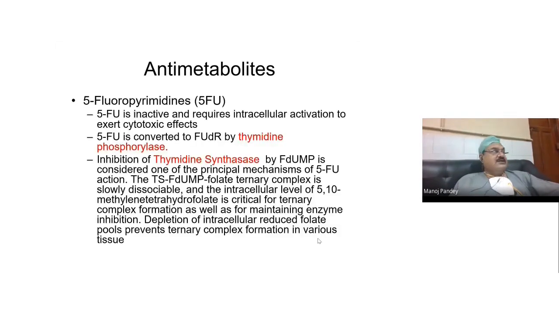Among the antimetabolites, there are some which work on other mechanisms. These are also controlling the level of folate inside the cell, but not directly, but through thymidine. So the drug is like 5-FU, a 5-fluoropyrimidine, which causes inhibition of thymidylate synthase, which ultimately also leads to deficiency of folate and modification of methylene tetrahydrofolate inside the cell.